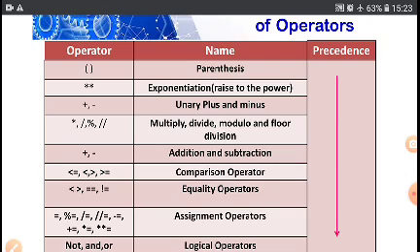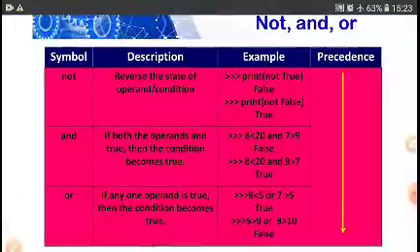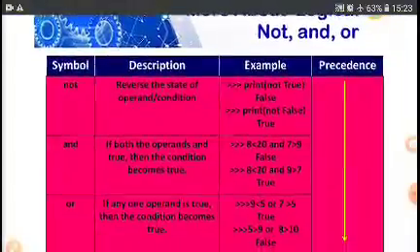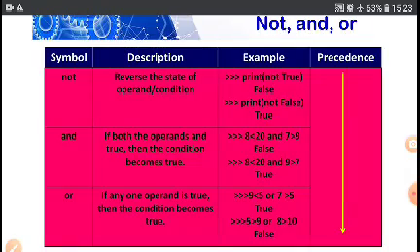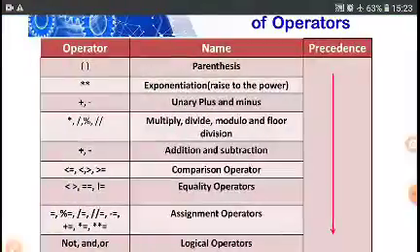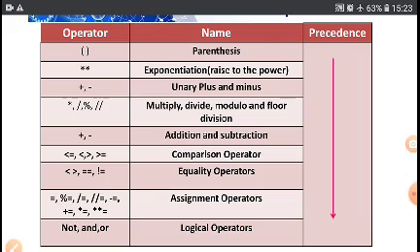I will discuss it in detail. This is the precedence of not, and, or operators. In the previous table we have seen not, and, or. Precedence is very low. But among not, and, or, which operator will work first?